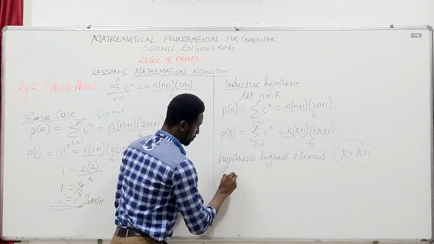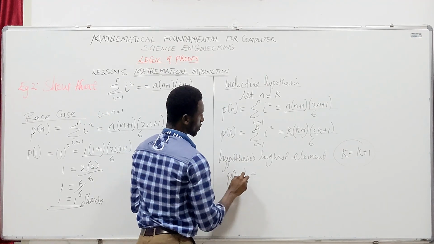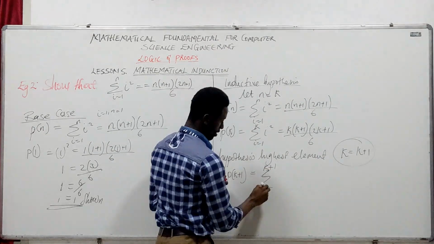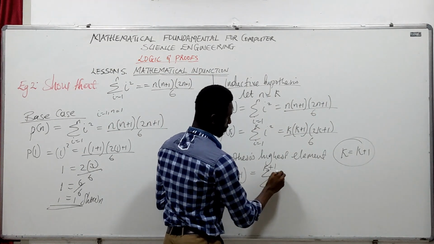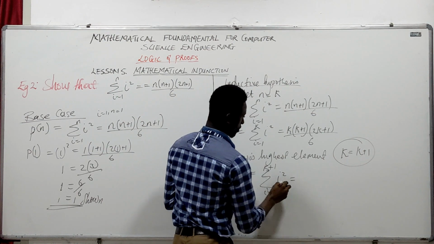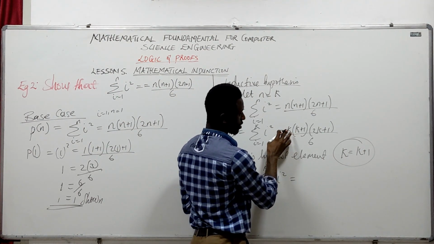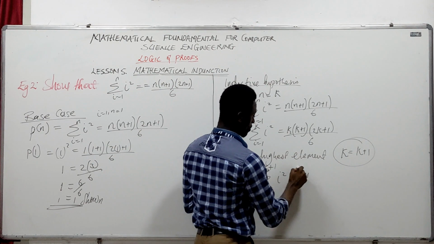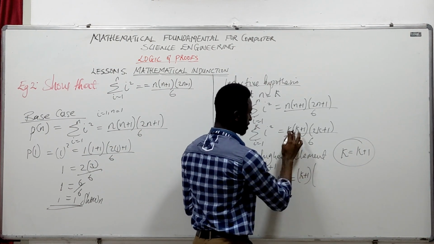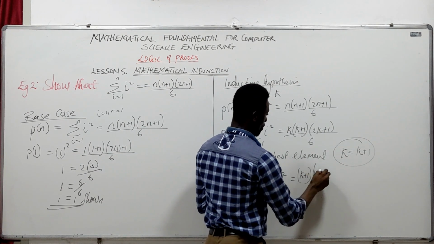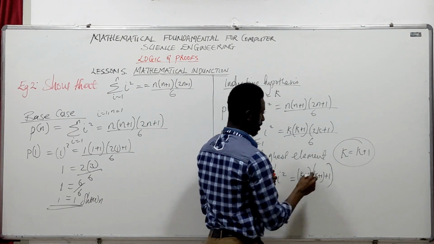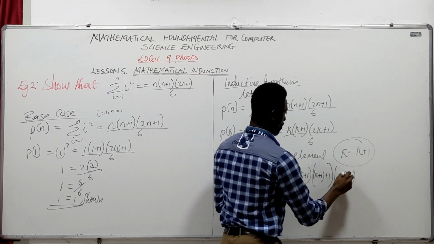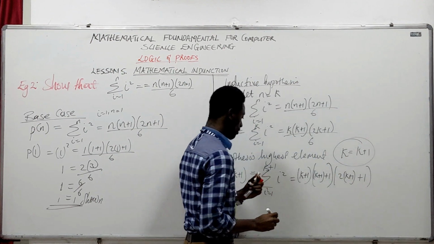So here, P of k plus 1 is equal to the summation of i squared, with k replaced by k plus 1, i equals 1 to k plus 1. This will be k plus 1 into, where you see k, you add plus 1, so k plus 1 plus 1, into 2 into k plus 1, then plus 1, over 6.